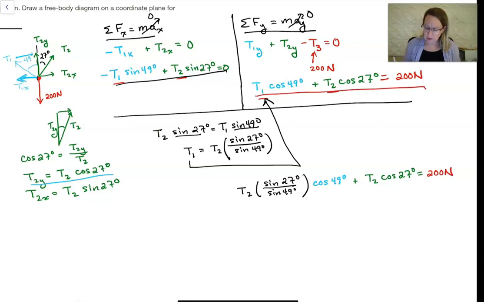So I took this equation and I just substituted in for my T1 using this expression. And that's where we get to.